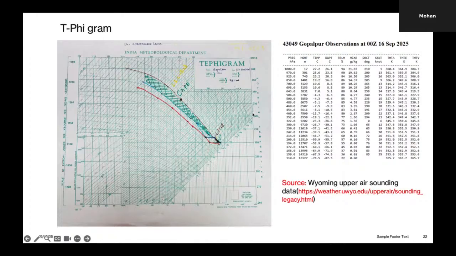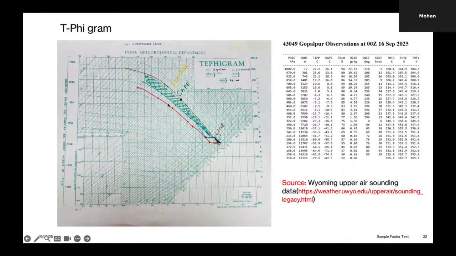For example, here I have used the pressure, temperature, and dew point temperature. Dew point temperature is nothing but your moisture variable, so you can take any moisture variable. Like I said earlier, temperature and moisture are the main ingredients in the tropical atmosphere. So take the temperature and dew point temperature, and put the air temperature and dew point temperature in the graph.